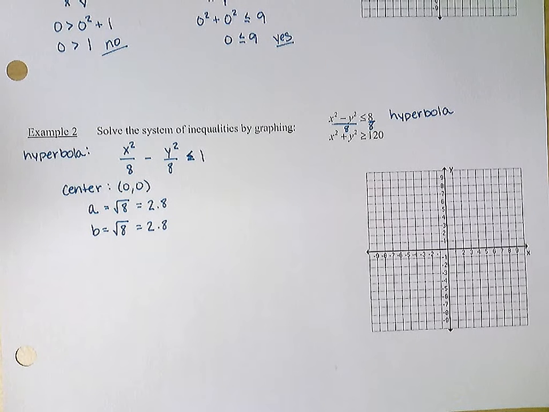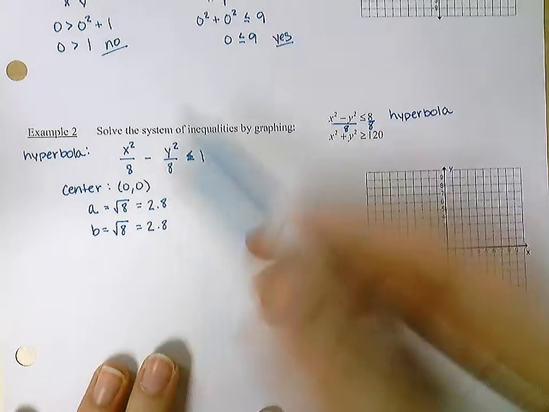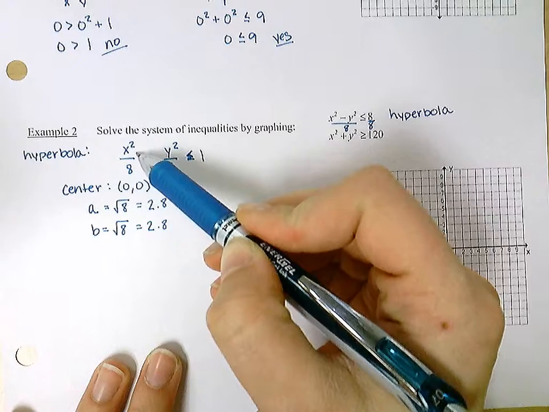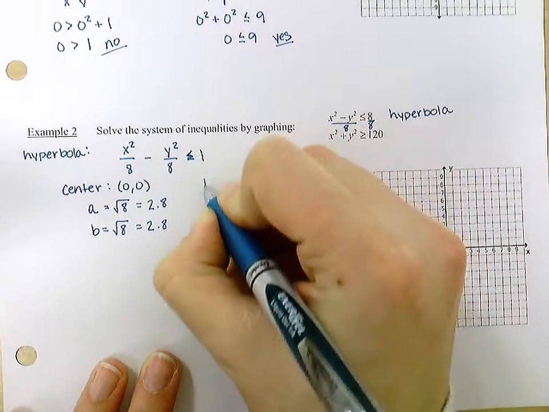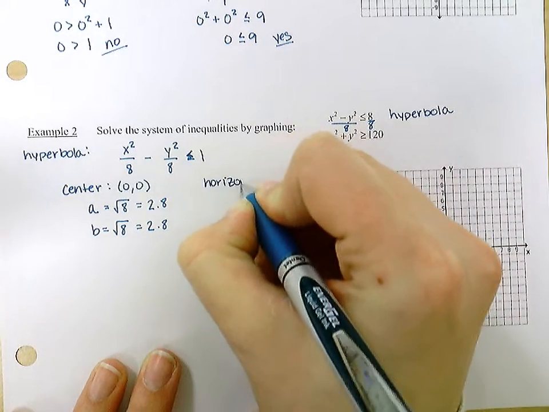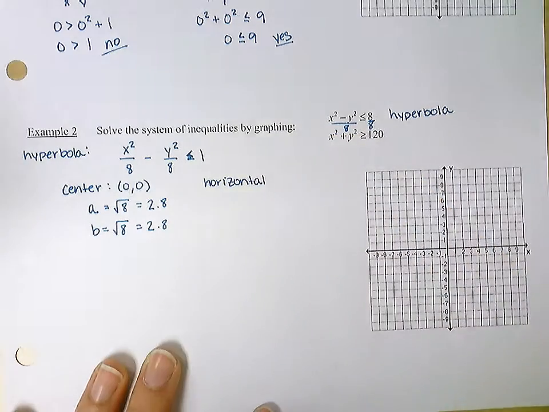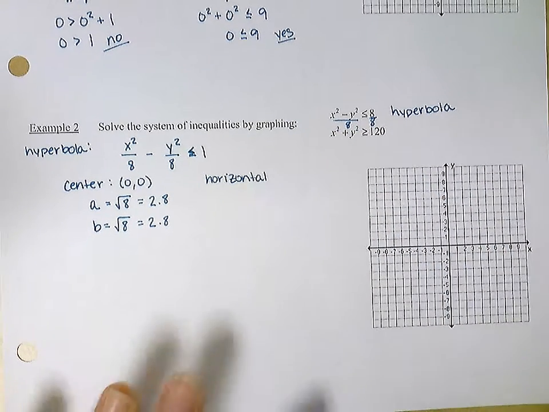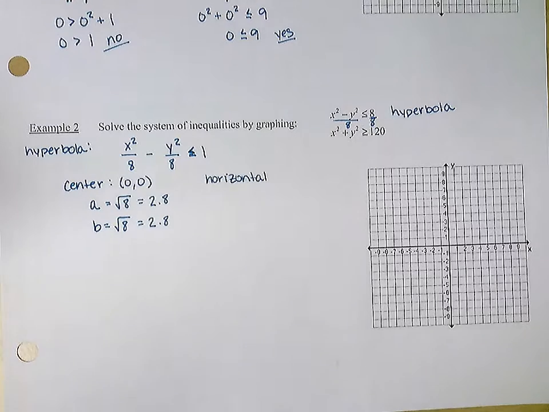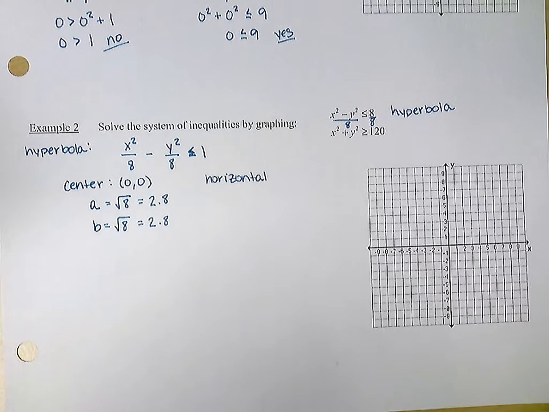Okay, so this is a horizontal hyperbola since your A value is underneath x squared. It is horizontal. So to graph our hyperbola, we need the center, we need the vertices, and then we need the asymptote.